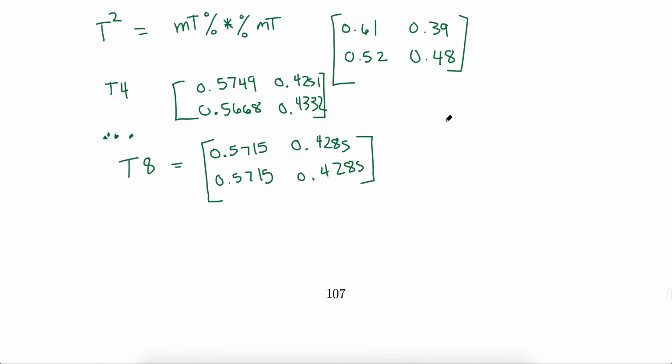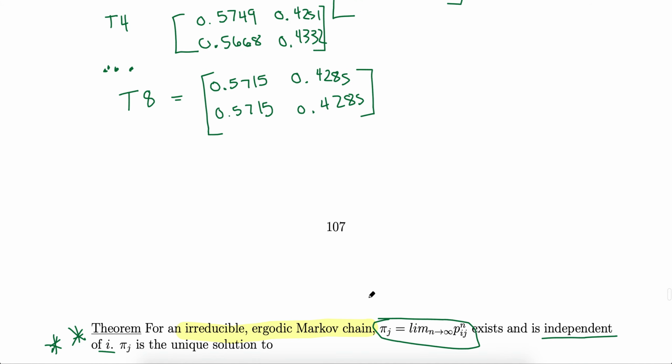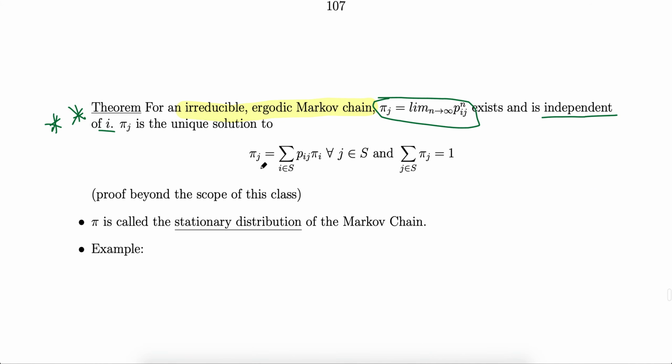That's exactly what we observed in our little toy example. It doesn't matter if we started in state 1 or state 2. The probability of ending up in state 1 is the same. The probability of ending up in state 2 is the same, regardless of whether we started in state 1 or state 2. So it exists, and it's independent of where we started.